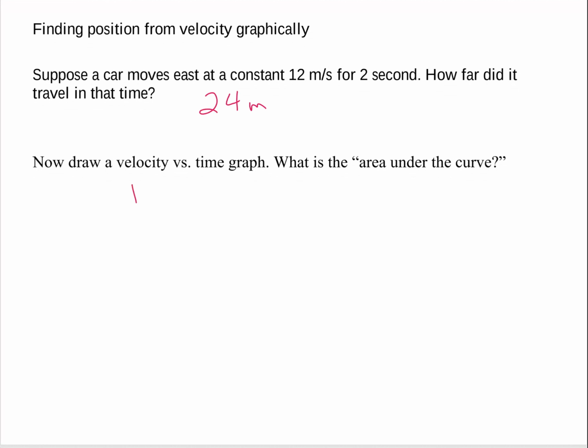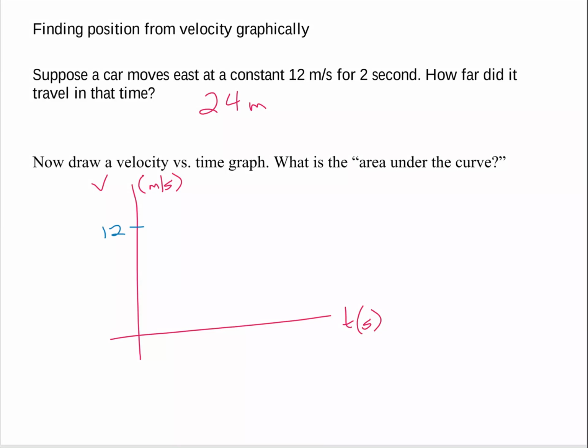So I draw axes, and I know my time is going to be in, what are my units? Seconds, thanks. And then over here, velocity is in meters per second. We went at a constant 12 meters per second, so I'll just put 12 meters per second right here, 12.